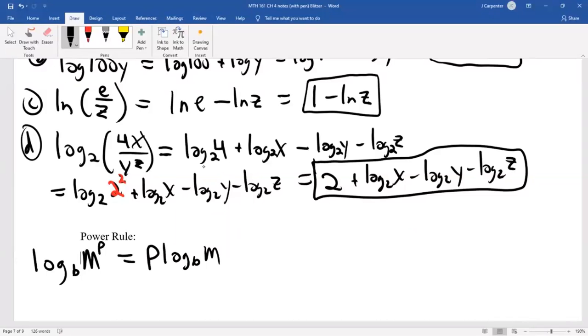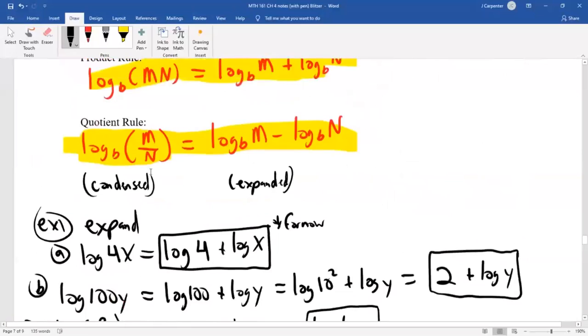So that's p times the log base b of m. So this exponent has been brought out as a coefficient. The left side is the condensed version. The right side is the expanded version.